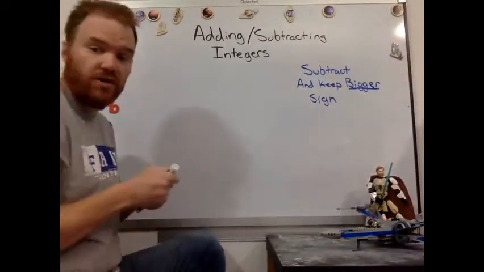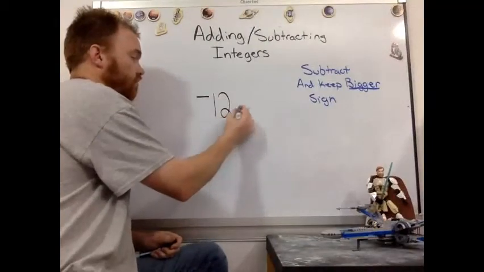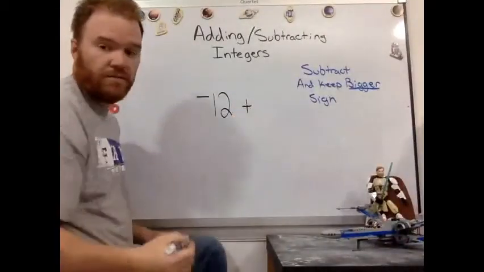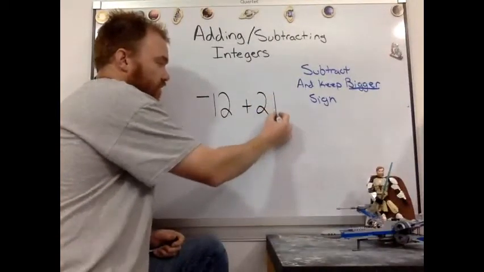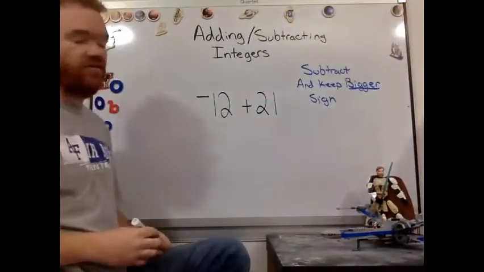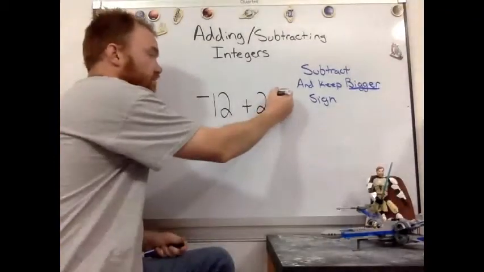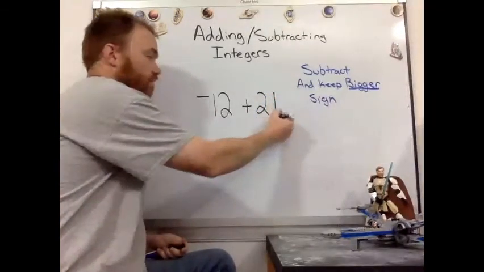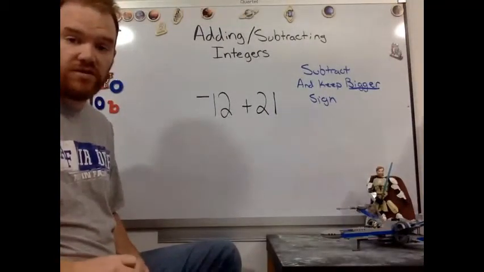So I'm going to give you negative 12 plus positive 21. So we have negative 12 plus positive 21. Okay, go ahead and hit pause and figure that out for us, okay?